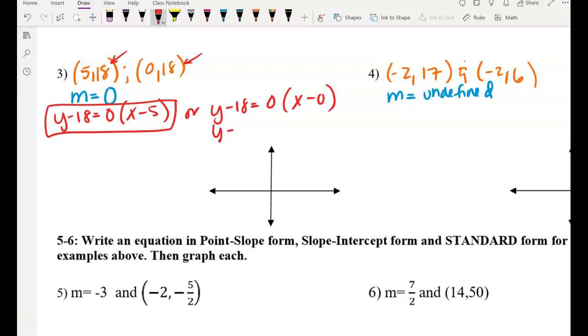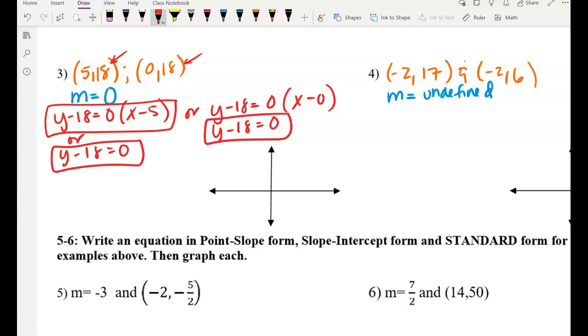You can leave it like that. Or you can go, okay, y minus 18 equals 0 times anything is 0. That's okay too. Same thing with this, right? This could be seen just like that because 0 times anything is 0. These are all right now, students, point slope form, okay? Point slope form, aka HK form.